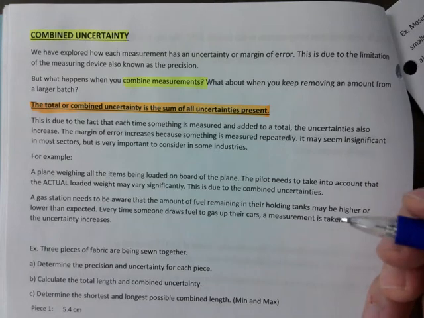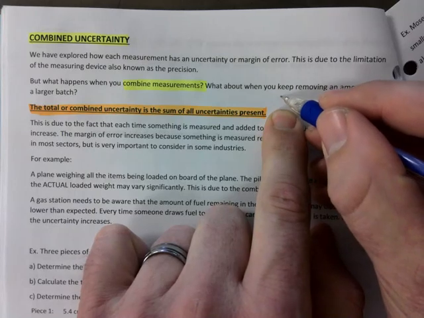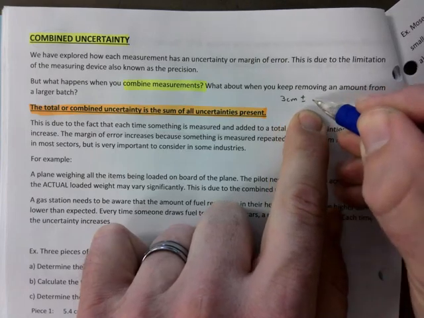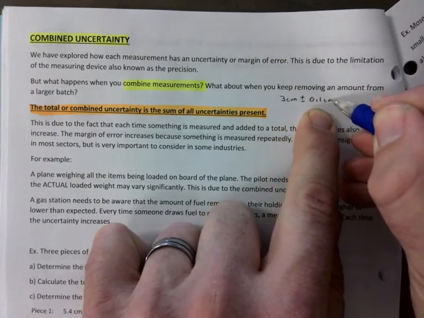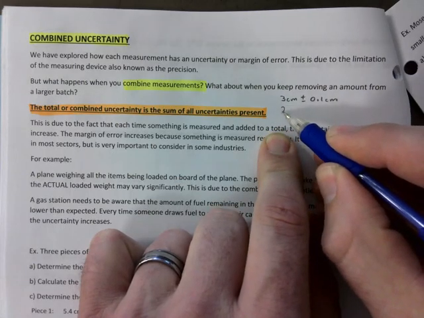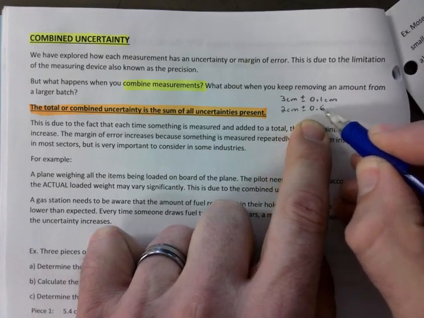I think I'm going to give you a quick example right here. So let's say you have a piece that measures 3 centimeters plus or minus 0.1 of a centimeter. And you have another piece that measures 2 centimeters, that's plus or minus 0.6 of a centimeter.